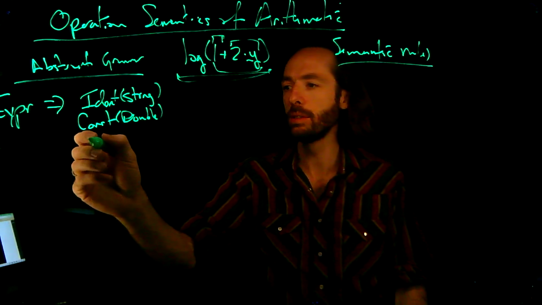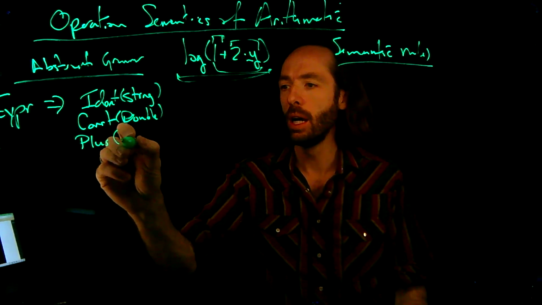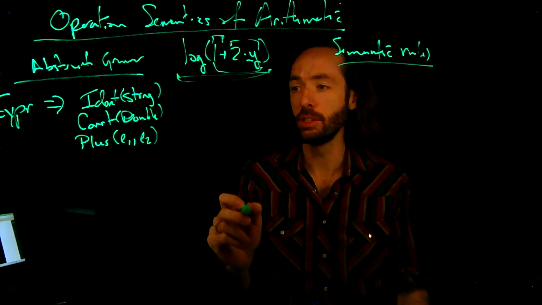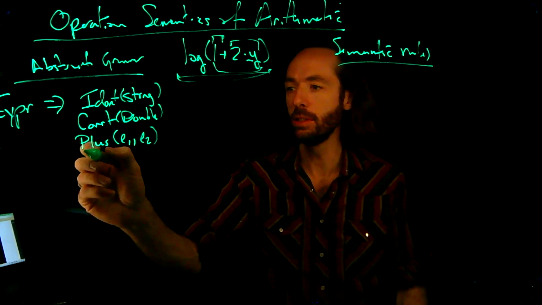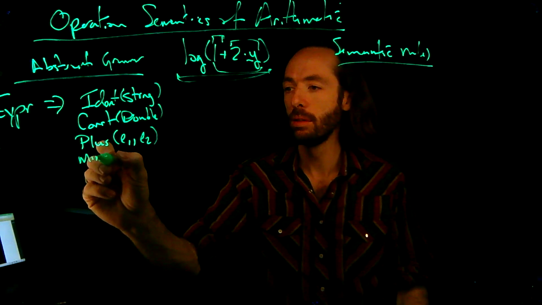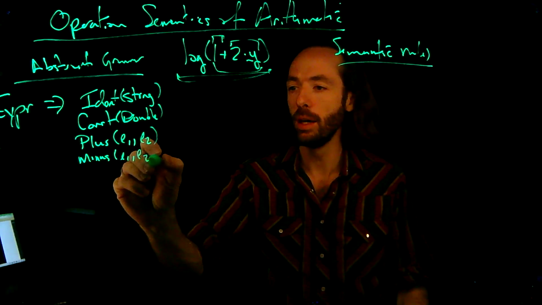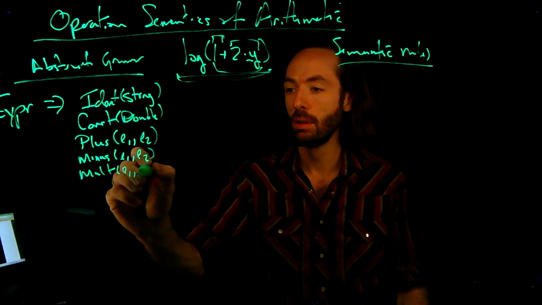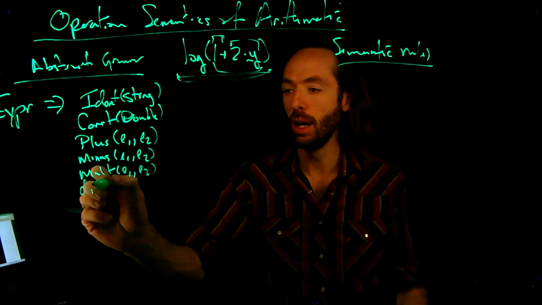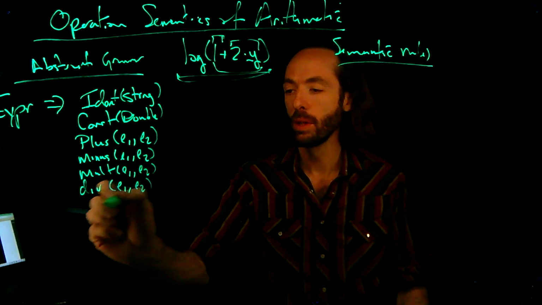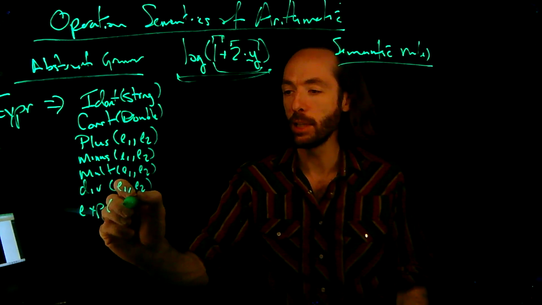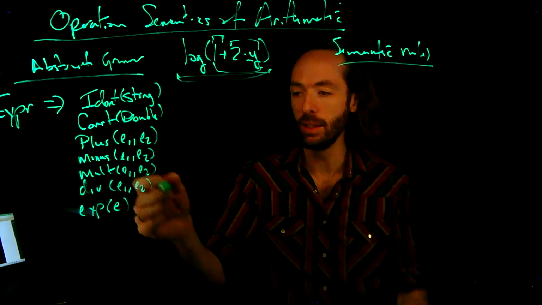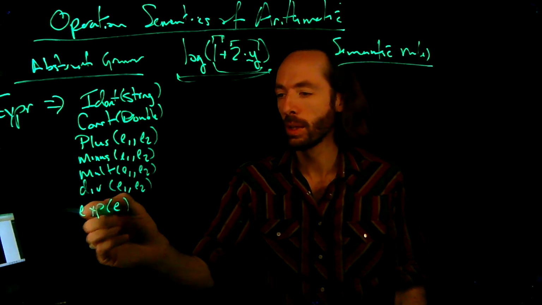So we have ident, we have constant, we'll have plus, and this is going to take an expression E1 and an expression E2, right, and that should return the addition. We'll have minus, again, it's a binary operation. We'll have mult, and we'll have division. We can have the exponential function, which takes an expression and returns e to the whatever e evaluates to.